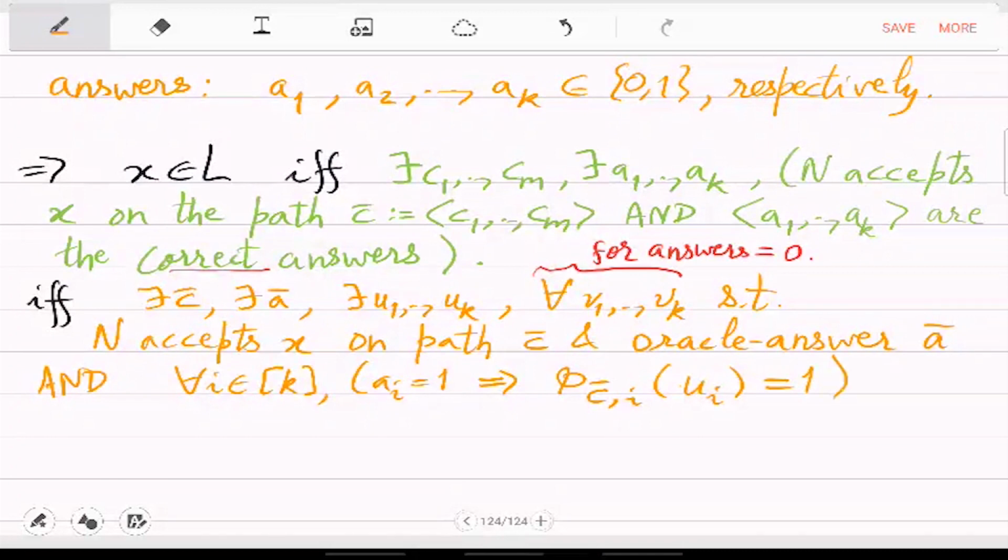So Ui is the certifying assignment, and the same for all i. When Ai is 0, then phi of Vi is 0.